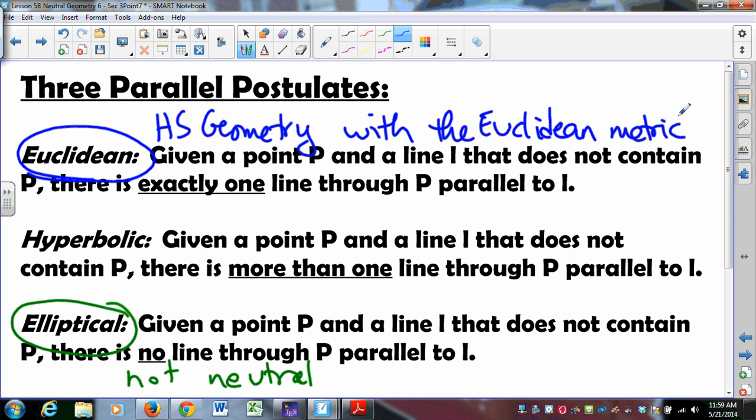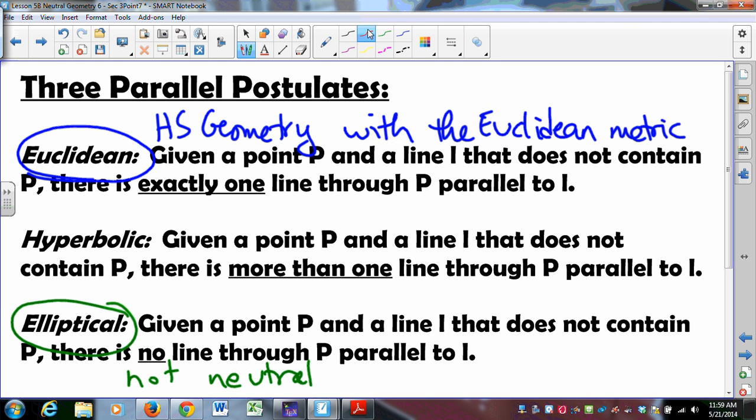Everything you learned in high school geometry is going to be consistent. The coordinate geometry that you learned in high school is a good model for Euclidean geometry. Everything we are about to do that says Euclidean is going to be consistent with everything that you remember from high school.